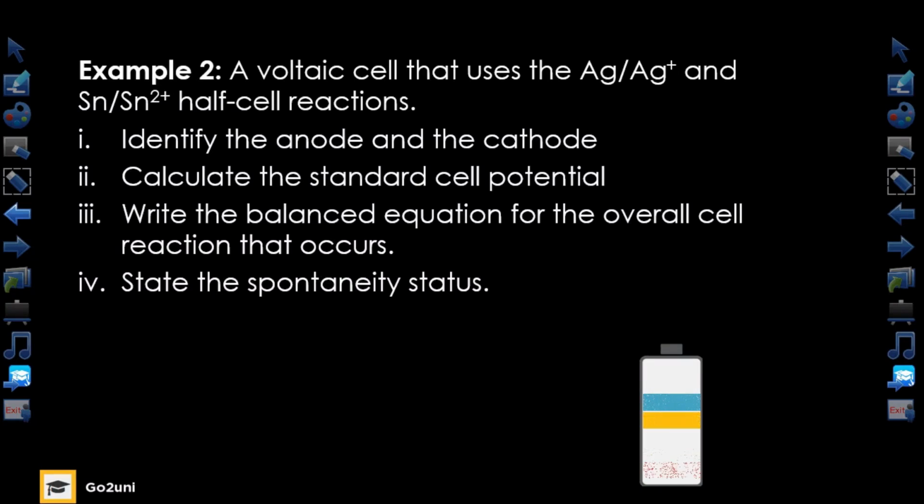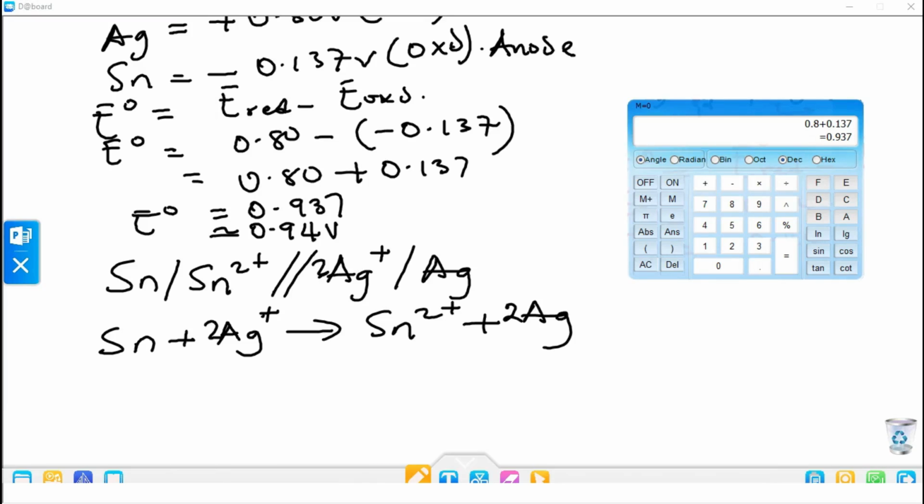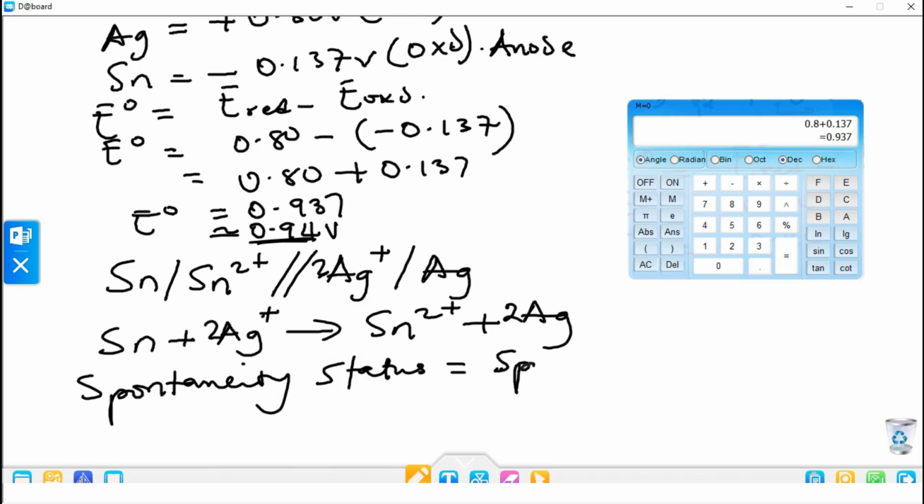Okay, so we are told to state the spontaneity status. What is the spontaneity status? Since our answer is positive, it means that the reaction is going to be spontaneous.